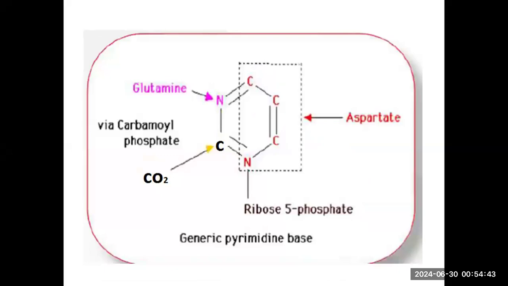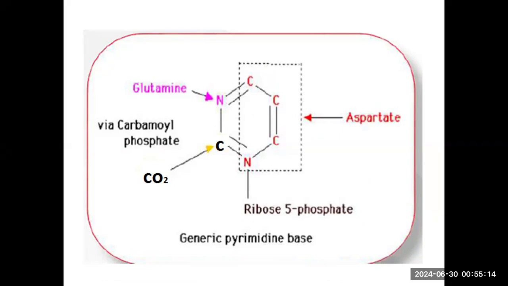Now, when the pyrimidine ring is complete, let's discuss the molecules that contribute different atoms during the synthesis of the pyrimidine ring. Look right here, carbon number 2 and nitrogen number 3 of the pyrimidine ring are contributed by carbamoyl phosphate.